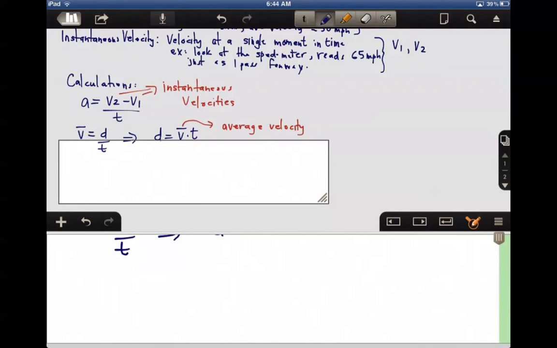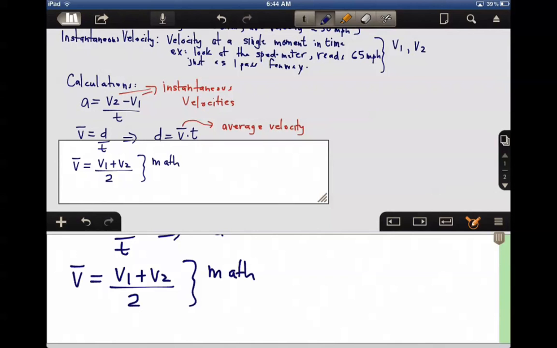We can find average velocity by taking the numerical average, meaning the math class average, how you would take an average outside of physics. And that would just be v1 plus v2 divided by 2. So this is the mathematical way of calculating average.